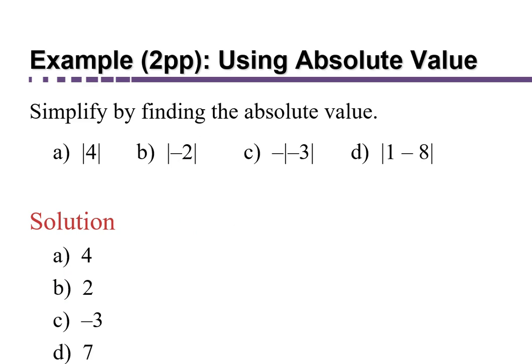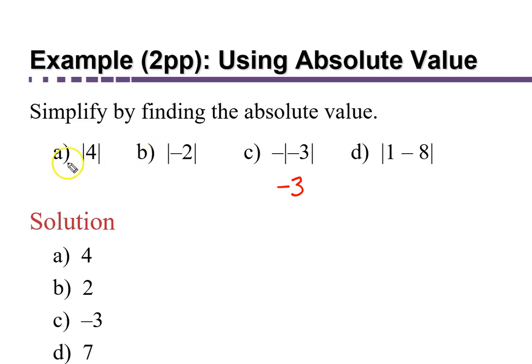Now, for letter C here, this is a little tricky, so be careful of this. The absolute value of a negative 3 is a 3. But now we have to deal with that negative in front that we apply. So again, even though we're asking for absolute value, we have to treat the sign that's in front.